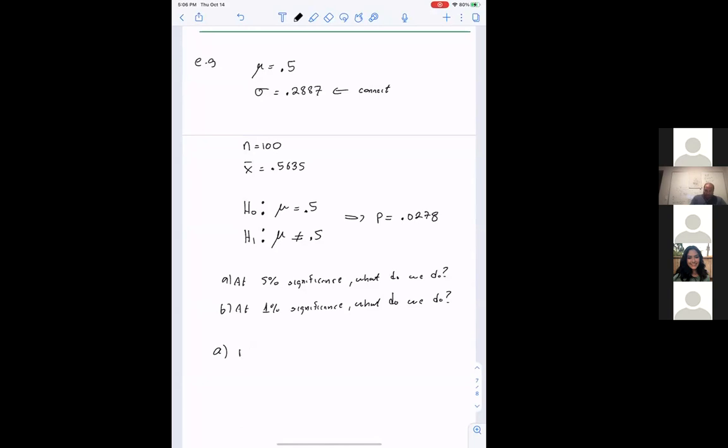We reject the null hypothesis. Why? Because we are smaller than our cutoff. Reject H naught. And at 1% significance, what do we do? We do not reject the null hypothesis. The smaller the significance level, the harder it is to reject. You've got to be that much smaller to reject it. Does that make sense?